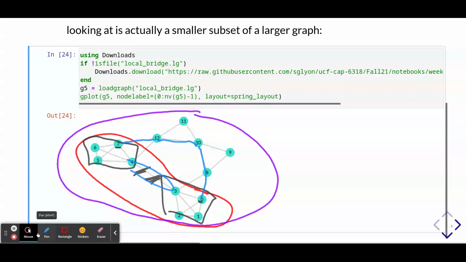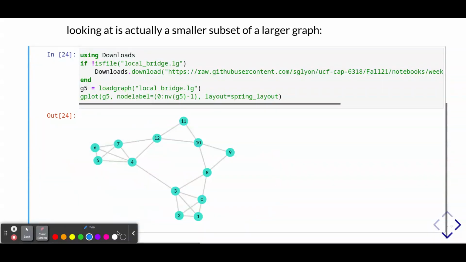So we've just argued that in a case where we just have the dumbbell or the barbell graph, edge 3, 4 is really special. It is a bridge, and therefore we may want to pay extra attention to it. But then we've also just argued that things like a bridge don't really come up very often in real data sets.